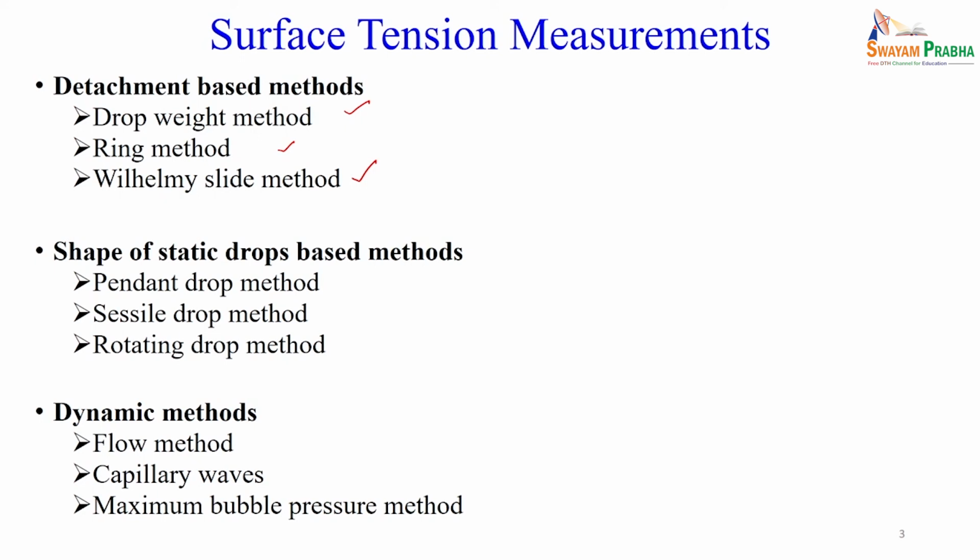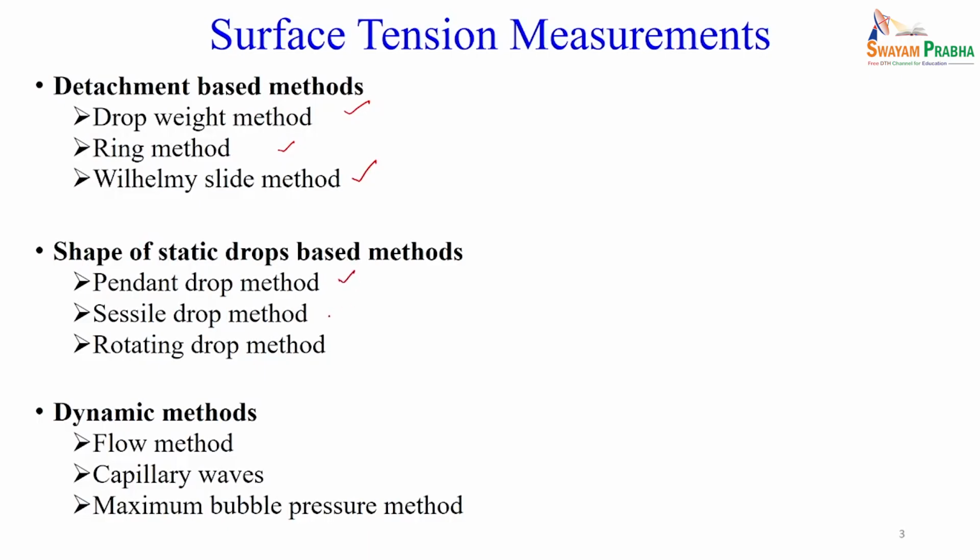The next method is, if you can capture the shape of a static drop, then you can calculate the surface tension. We can have two different types of drop: one is the hanging drop, the other is the drop on the surface, or sessile drop. So, we will see the pendant drop method, the sessile drop method, and also the spinning or rotating drop method. Apart from this, we will also briefly discuss the various dynamic methods.